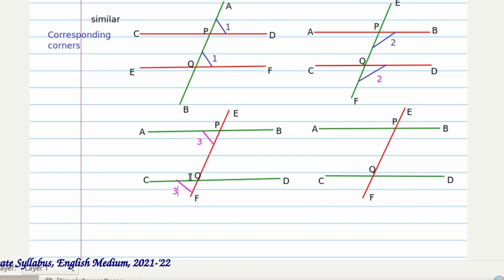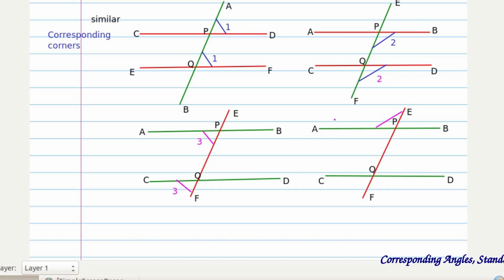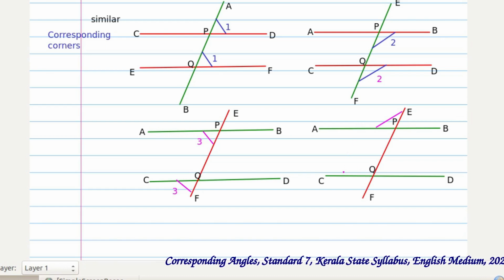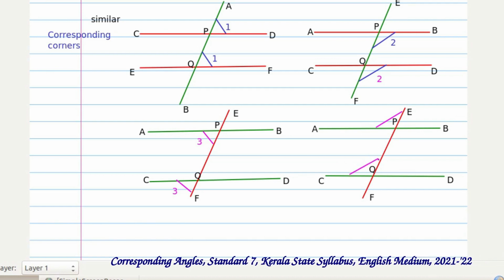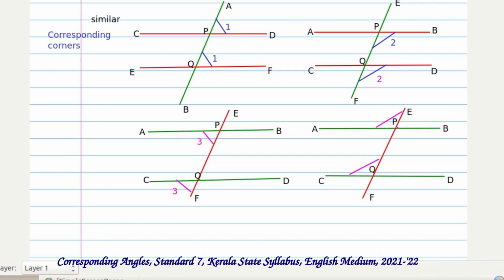Okay, let's move to the last one. Here I draw another angle, this one. Where is this angle? This is above AB and left of FE. Above and left. So the angle is here.